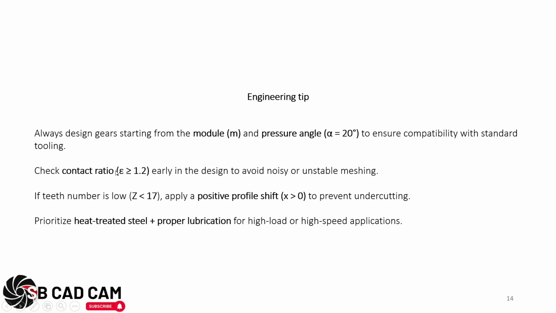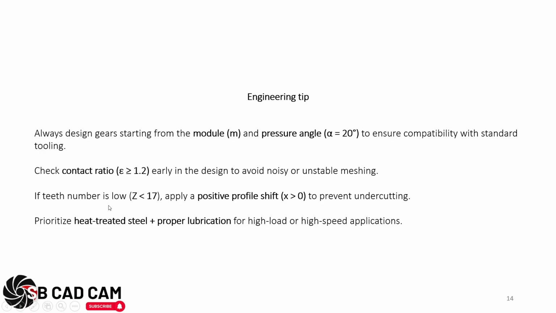If you are in the industry, you may change the pressure angle, of course, depending on the company you work in. And you must check the contact ratio early in the design to avoid noisy or unstable meshing.